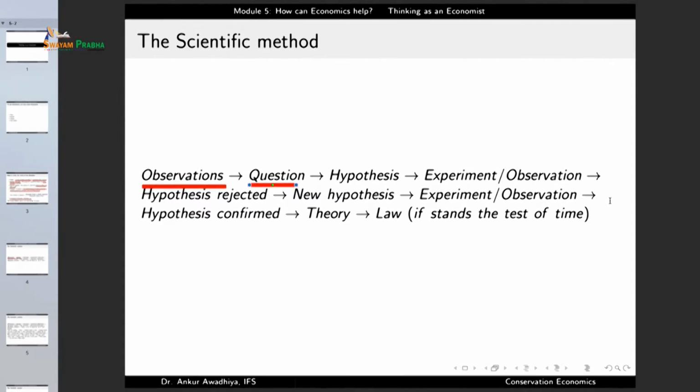Now, based on any of these questions, we can come up with certain hypotheses. Now, a hypothesis is a possible explanation for what is going on. This possible explanation could be correct or it could be incorrect. But so be it, the hypothesis has to be formed. So, for instance, we can formulate a hypothesis that there is a market for, say, food grains, and the amount of food grains that is supplied to this market depends on, say, the cost of fertilizers.